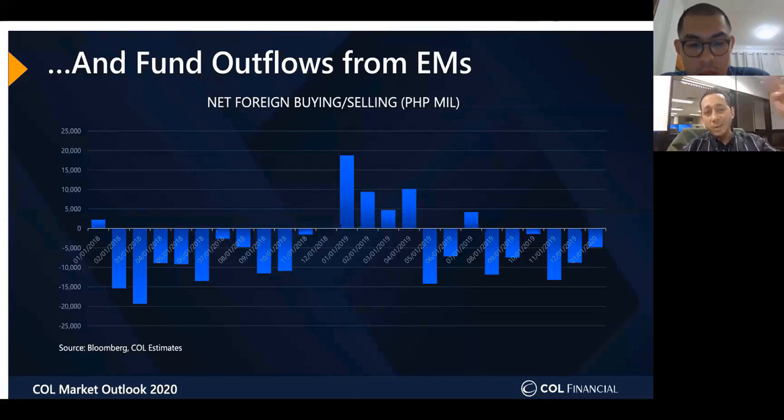That's the range, right? But the only exception to that in Asia is actually the Philippines, which is at 50%.